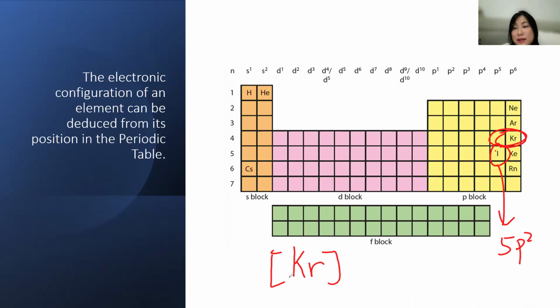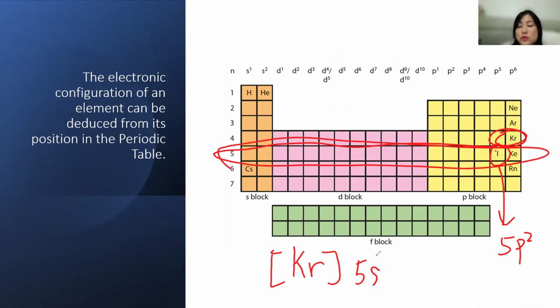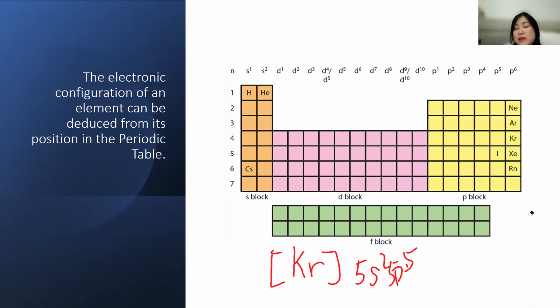You already have the whole chunk there. So what is left for you is the next row, which is 5, to write in. You will write 5s2, 5p5. That will be the configuration: Kr plus 5s2, 5p5.